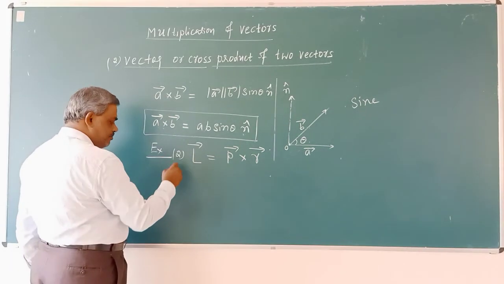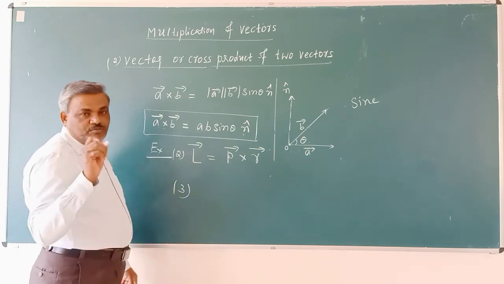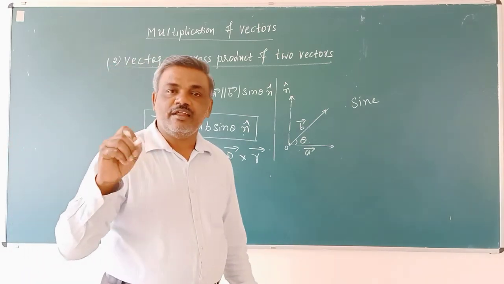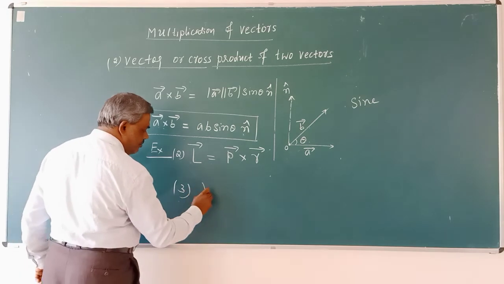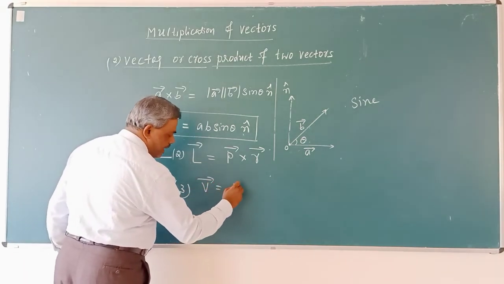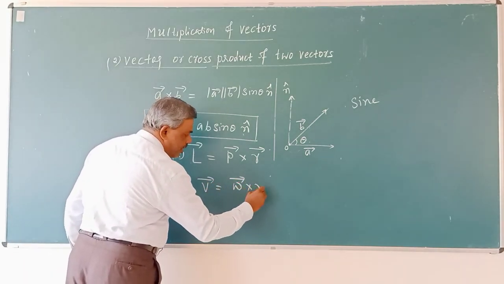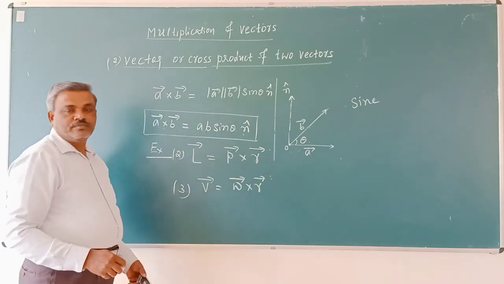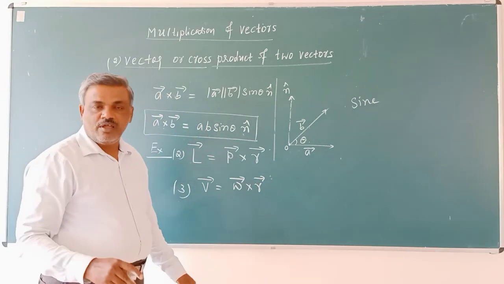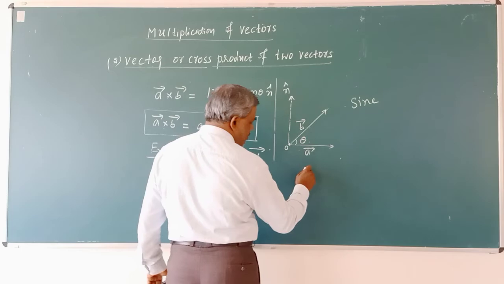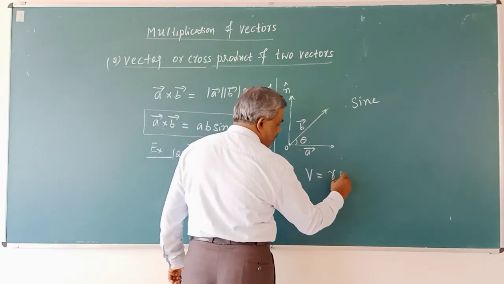And example 3, the relation between linear and angular velocity. So V equals omega into r. The formula for the relation between linear and angular velocity is V equals r omega.